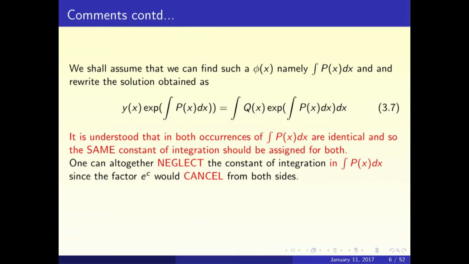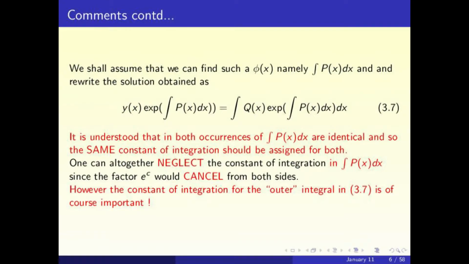So one can altogether neglect putting in the constant of integration when you compute integral px dx because that's going to cancel out anyway. So when you integrate px dx, don't bother about putting the constant of integration because e to the power c will cancel out from both sides. So just avoid putting the constant of integration in the first place.